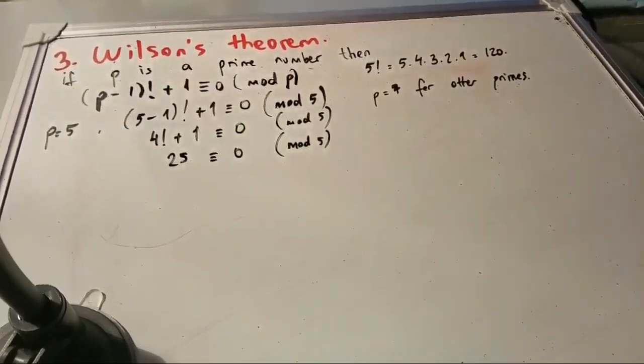It means when we divide a to the power of p minus 1 by p, we get 1 as a remainder. And the next Fermat theorem: a to the power of p is congruent to a in mod p. Okay, let me clean it.